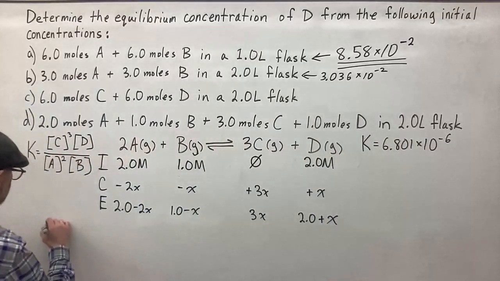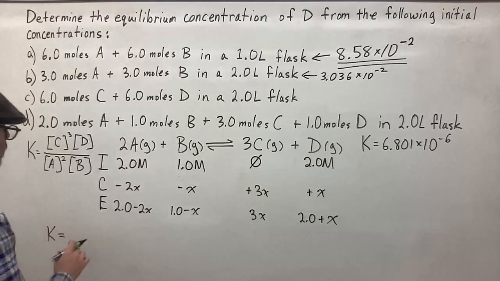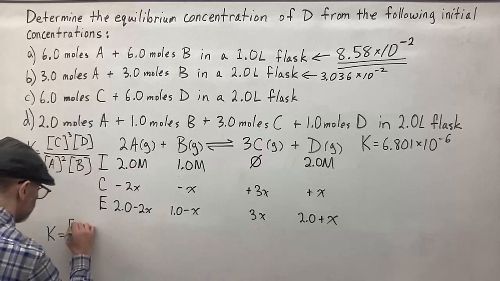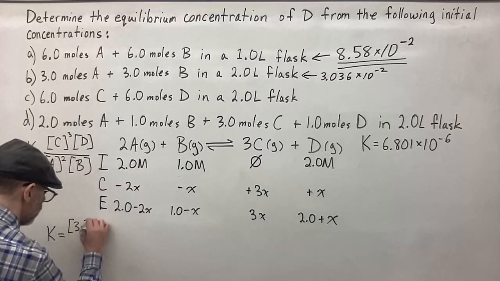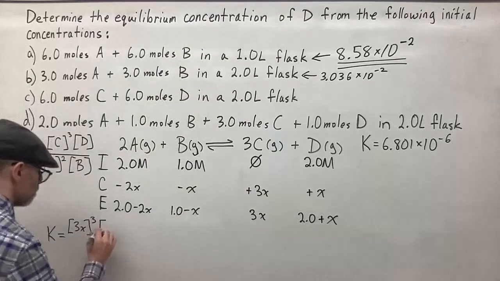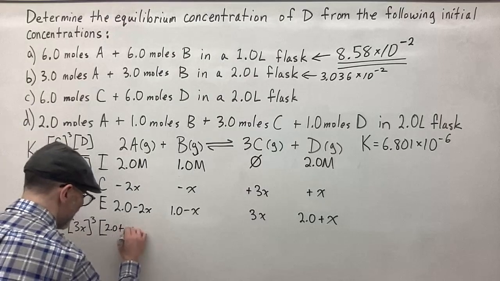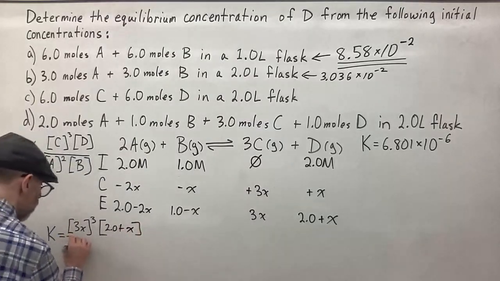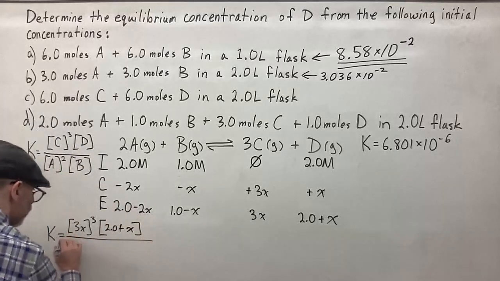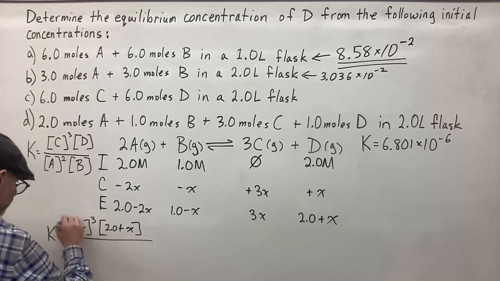So here, K is going to be equal to the concentration of C cubed. So it's going to be 3x cubed multiplied by the concentration of D, which is going to be 2.0 minus, or no, plus x, divided by the concentration of A squared. I should probably not have these in square brackets.